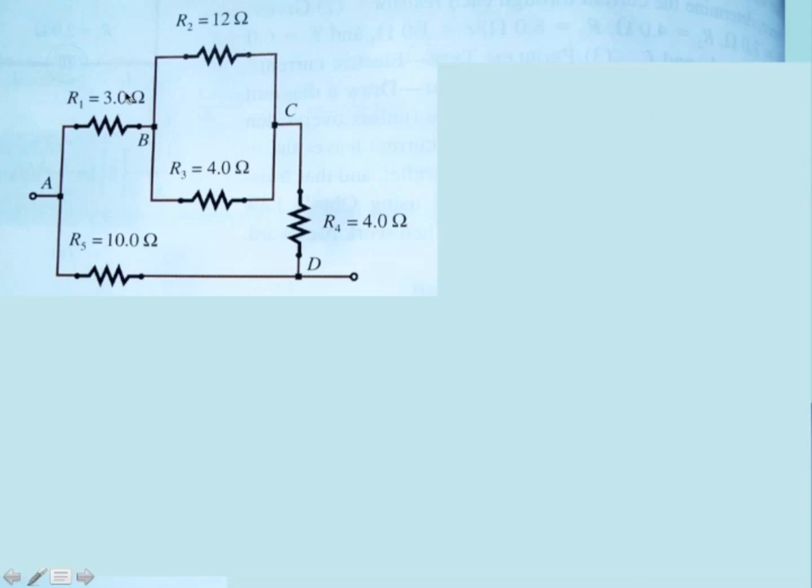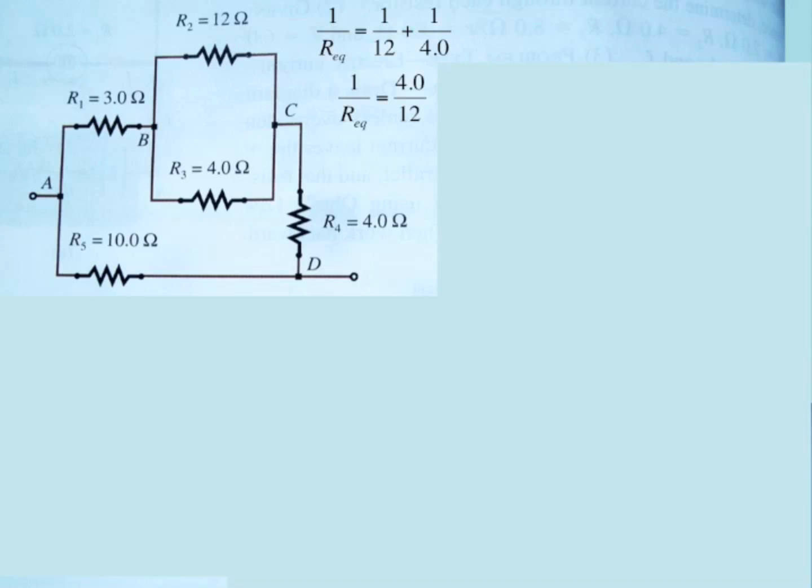Alright, so here's what we're going to do first. Let's look at this top loop here, where we have a 12 ohm resistor and a 4.0 ohm resistor. And let's simplify that, keeping in mind that those are wired in parallel. And so we recall what our equation for equivalent resistance is. And we have 1 over Req equals 1 over 12 plus 1 over 4.0.